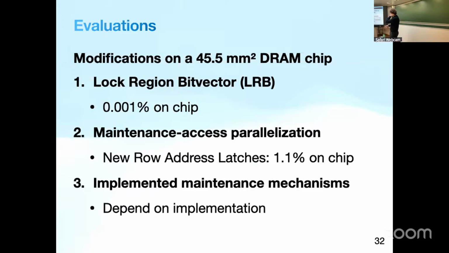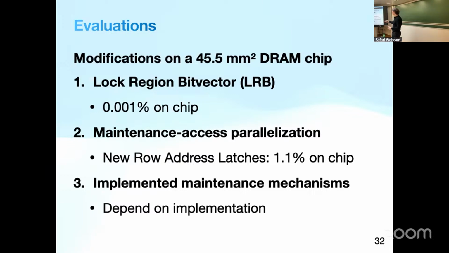Now, on a 45 mm squared DRAM chip, we will have to implement the lock region bit vector. This was essentially the register that remembered which lock was currently held or which regions currently aren't accessible. Then we'd have to add new row address latches.